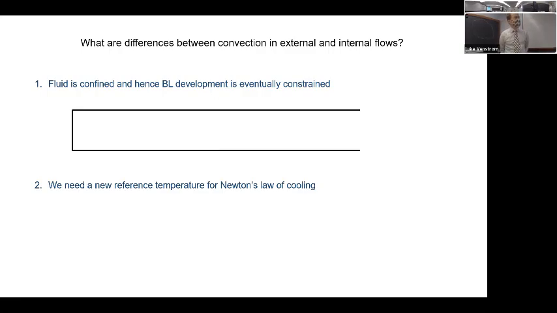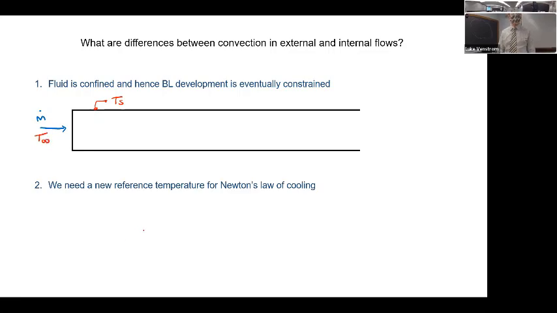What's different is that because the fluid is confined, the boundary layer development is constrained. So we can think about fluid entering a pipe, say, over here at the left, and it's flowing down the pipe. And we know that the thermal boundary layer is really important, and that there will be a thermal boundary layer if the surface of the pipe is different than the temperature of the fluid.